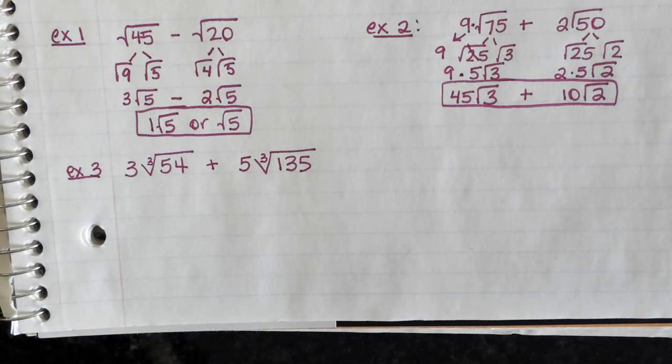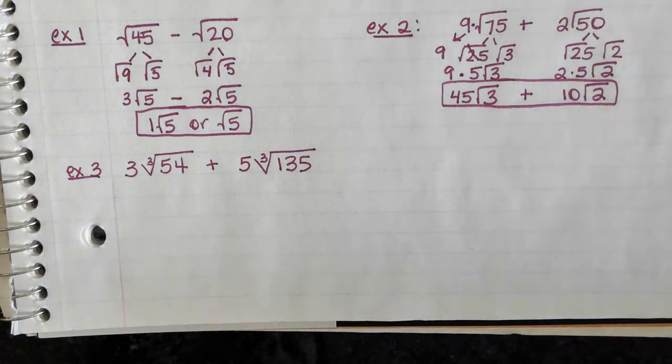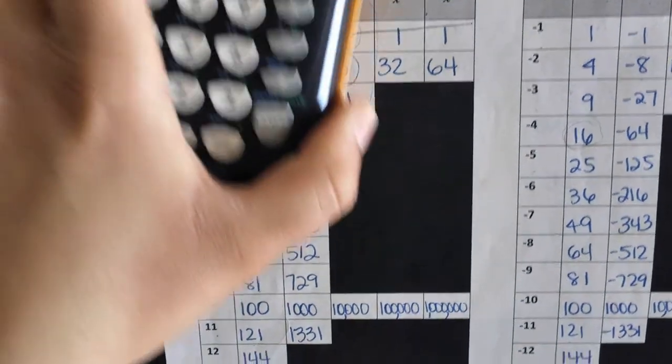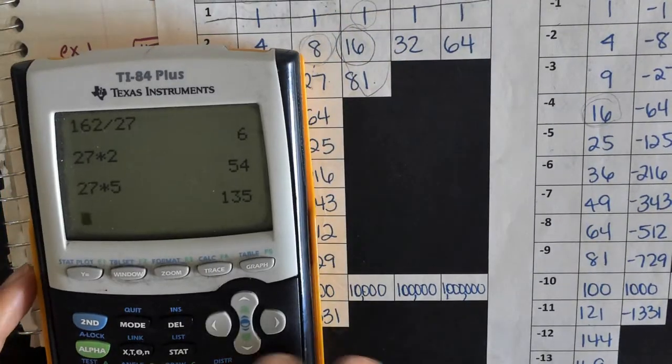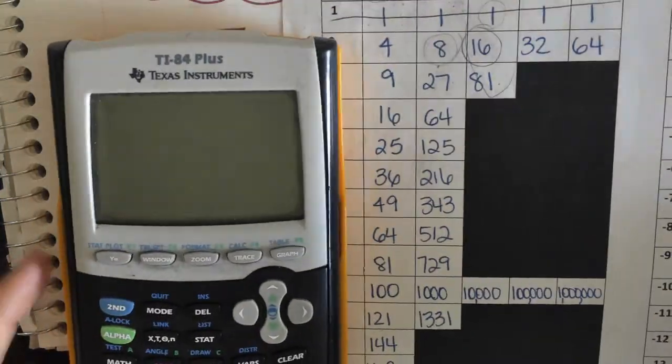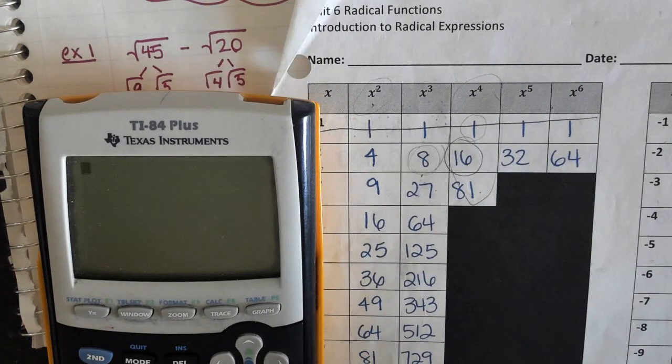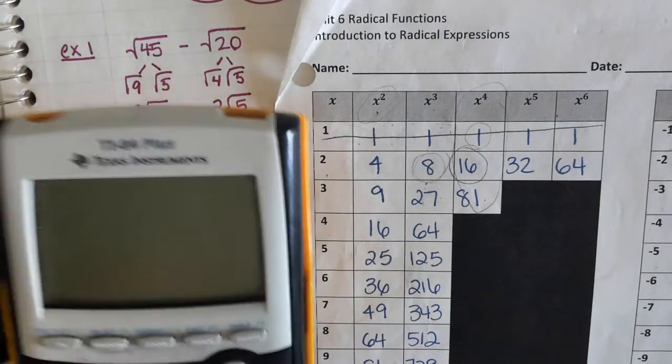Okay. So with the cube root of 54, I'm trying to find the biggest perfect cube that goes into 54. So I'm going to use my calculator and divide. And here's a little review. Well, I'm looking for perfect cubes, and I'm looking to simplify the cube root of 54.